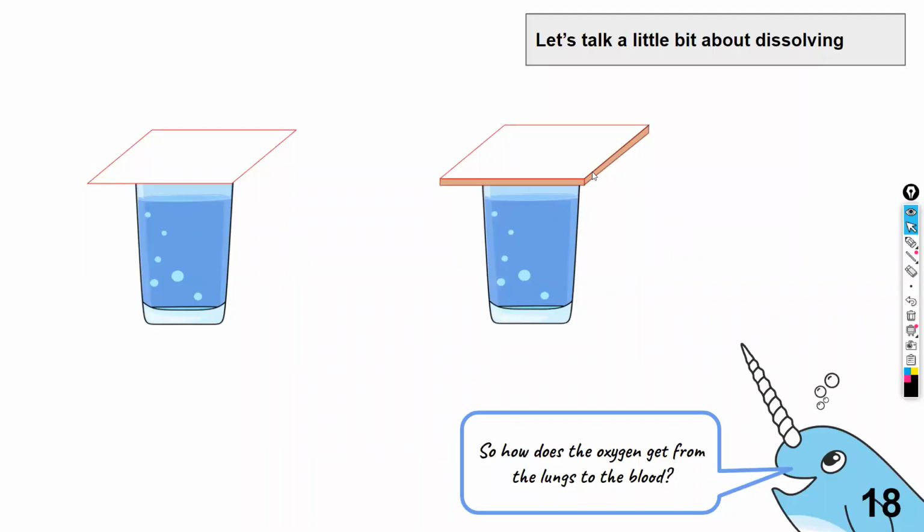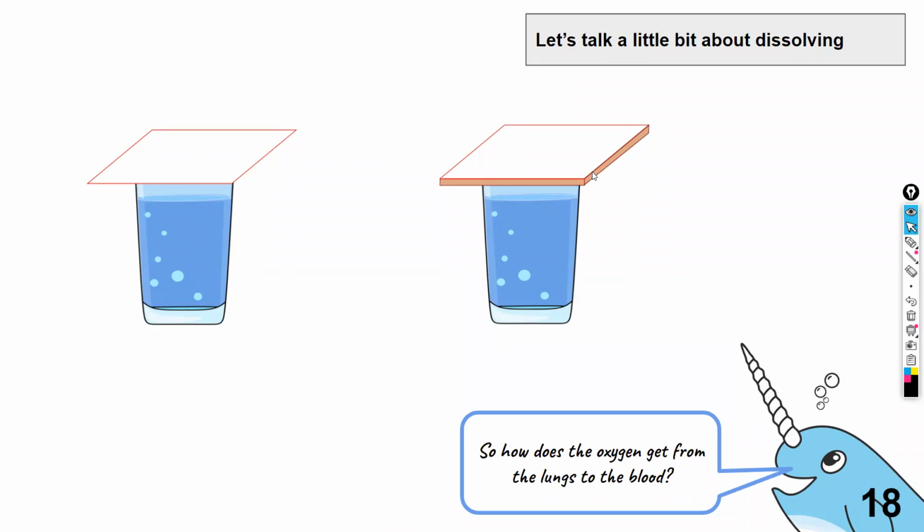That's super, super important. Because once it reaches our blood, it will transport that oxygen to our cells. And once it reaches our cells, there's a particular part of the cell that will take the oxygen, mix it with glucose, and give us energy.